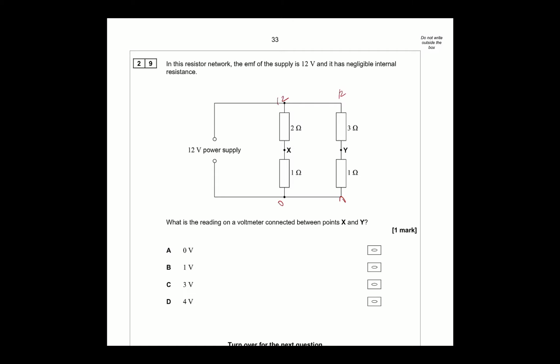Here, 2/3 of the voltage gets used up, and only 1/3 is left. So 8 gets used, and we're at 4 here, because we have 4 left to be used here. Here, 3/4 gets used up, so we're at 3 volts, because 3 volts can be used there. So the potential difference between there is 1 volt, B.